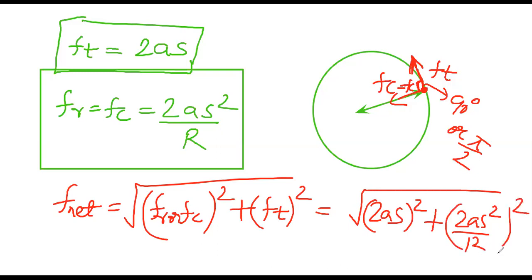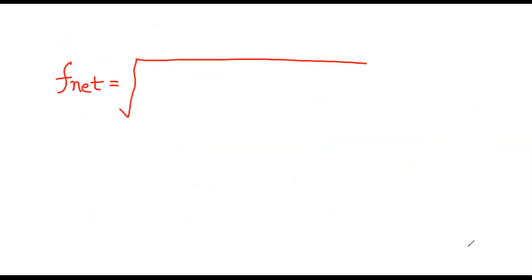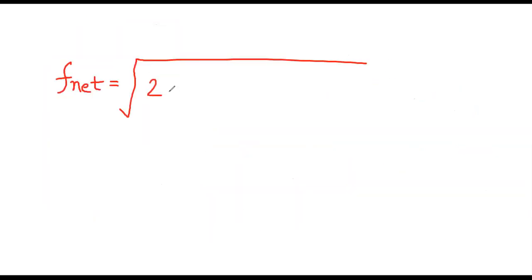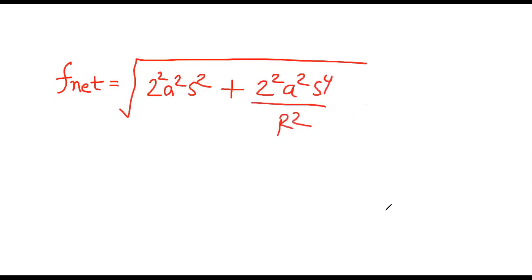So F net is the root of 4a square s square plus 4a square s to the power 4 upon r square.